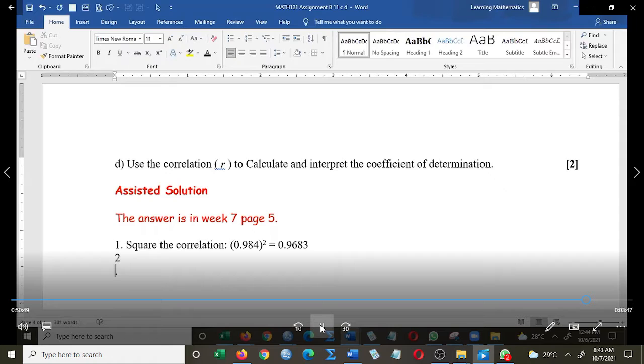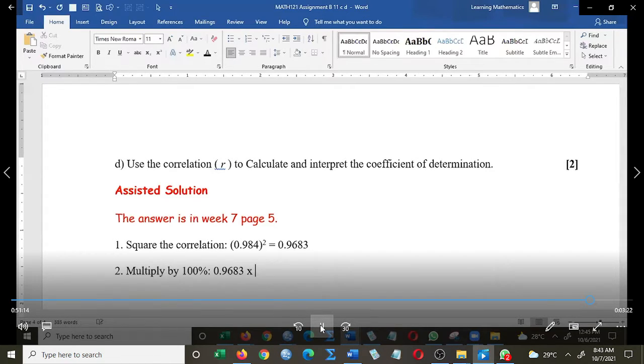Okay, the second step is to multiply by 100%. One person just put those 2 steps in one, square and multiply one time.